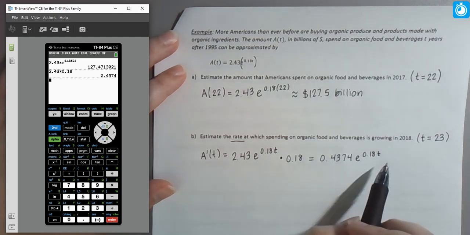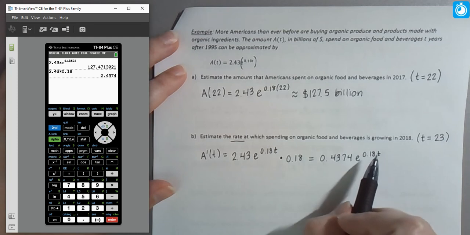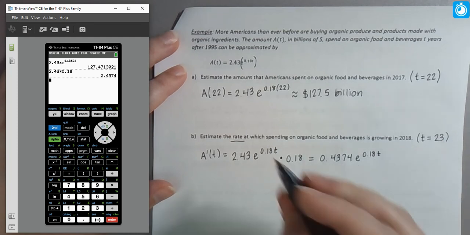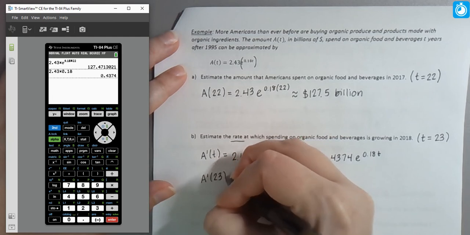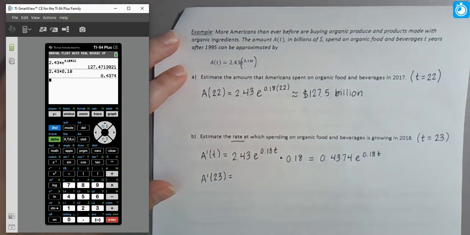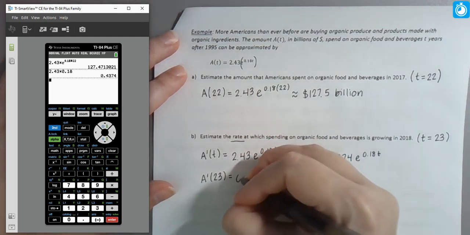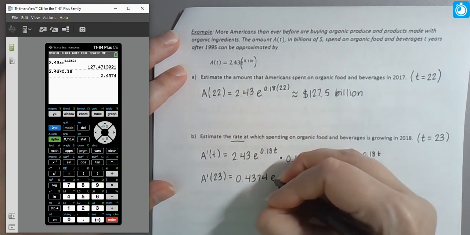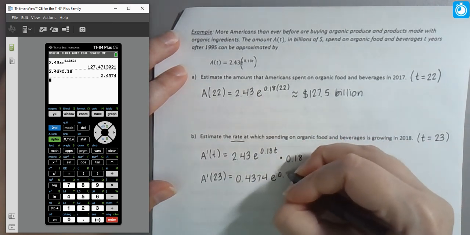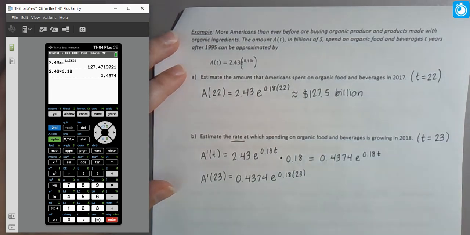So this is the formula for the rate of change of spending given a particular value of t. So in this case, we want to know the value when t is equal to 23. Okay, so I'm going to sub in 23 to the formula for my derivative. So 0.4374 times e raised to the 0.18 times 23.